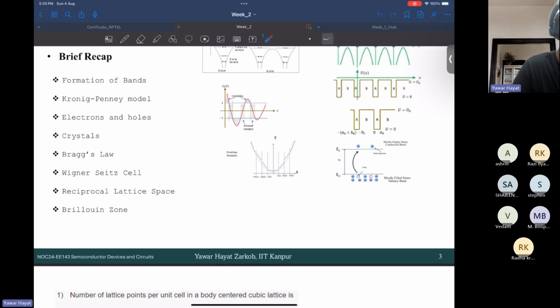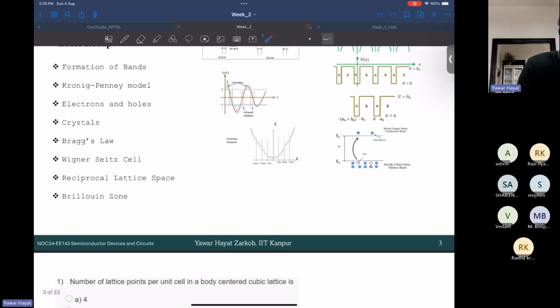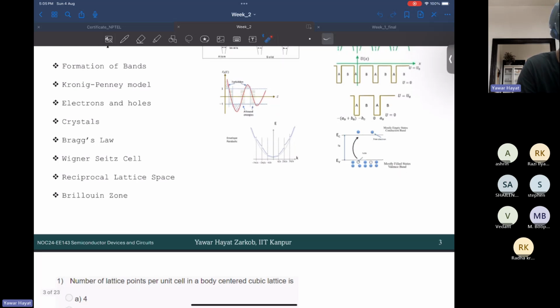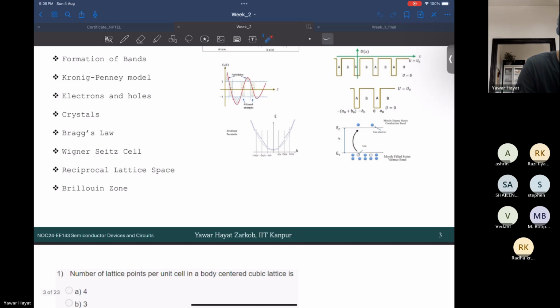We also saw primitive unit cell, the elementary topics, and the types of unit cell like BCC, FCC, end-centered, etc. Then we went through Bragg's law of diffraction, and the concept of Wigner-Seitz cell. We understood the reciprocal lattice space, and we were familiar with the concept of Brillouin zone, right?